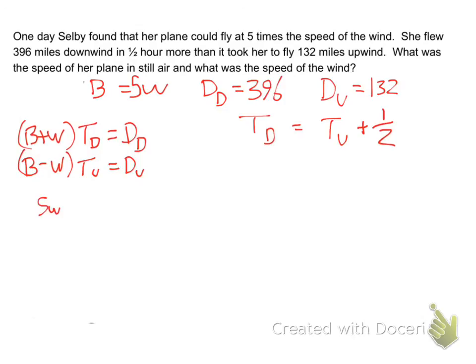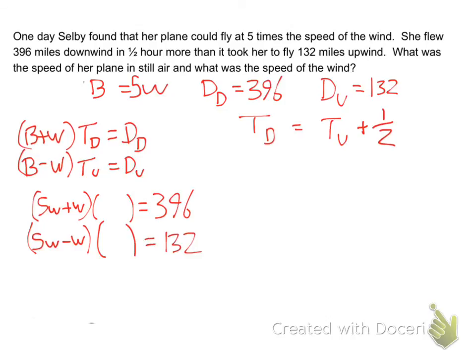So 5W plus W times something equals, at this point I'm going to leave time out for now, because the D's are pretty concrete. What are the D's? Distance down: 396. If I'm going against the wind, I've got to subtract, right? B was 5W. So 5W minus W times something for time is equal to 132.